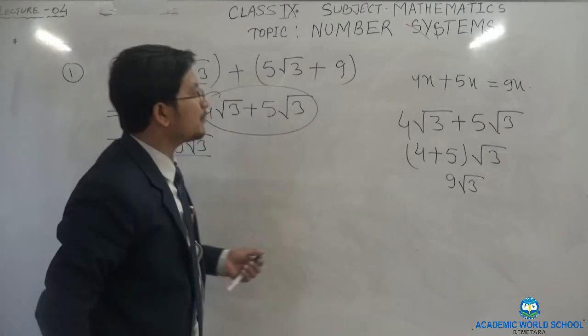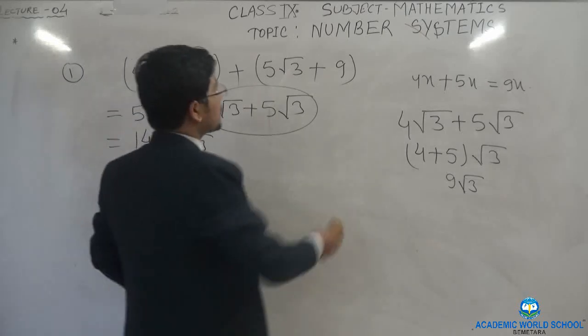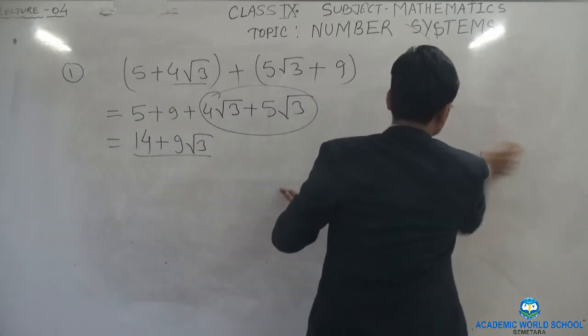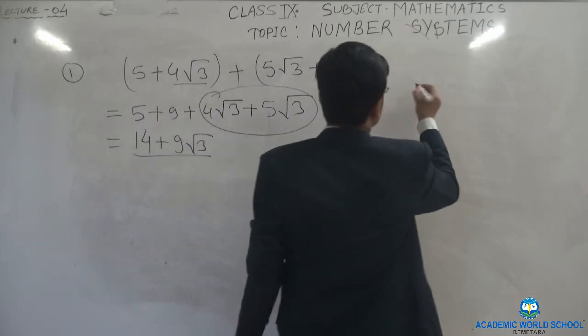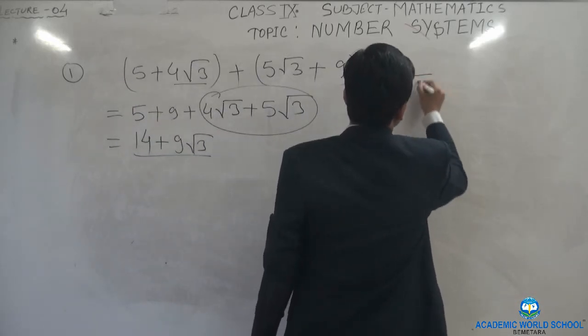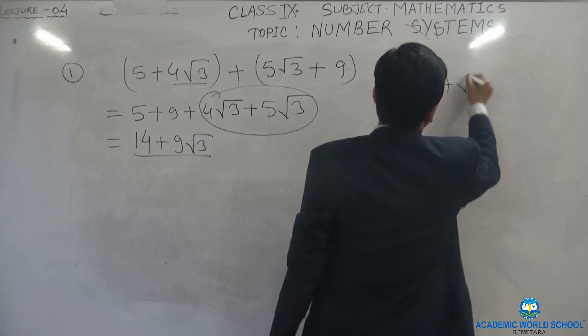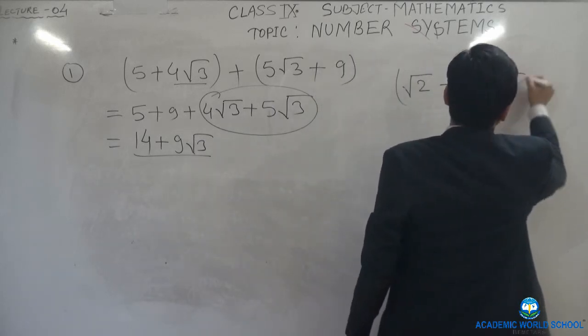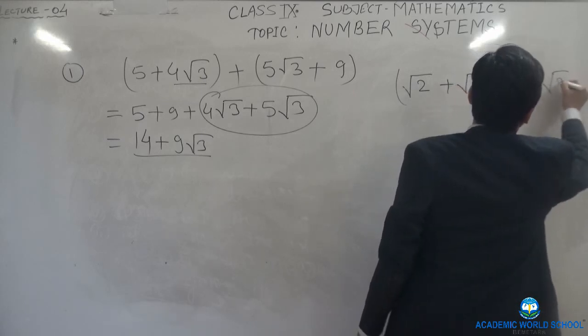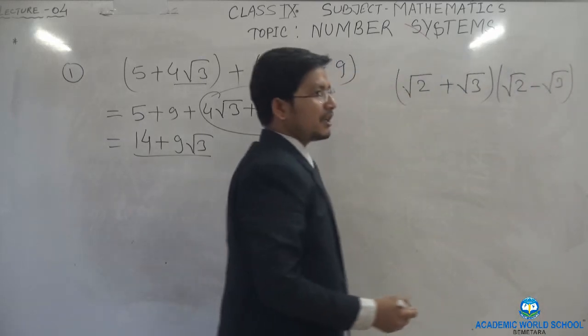So if we have to multiply, then what do we have to do? Let's say this is root over 2 plus root over 3, and then root over 2 minus root over 3.